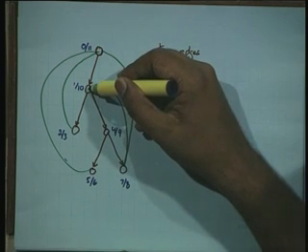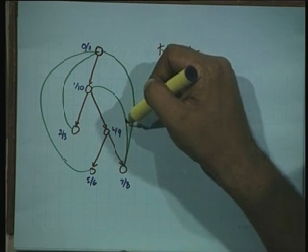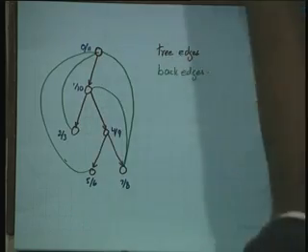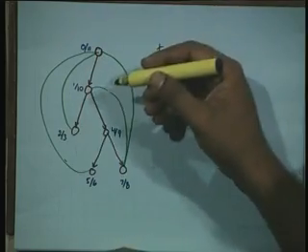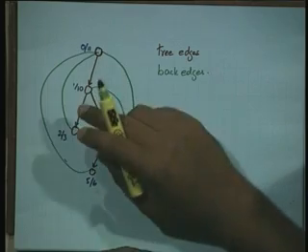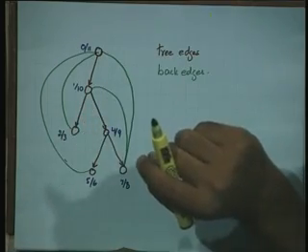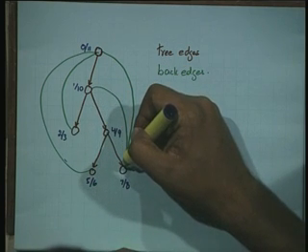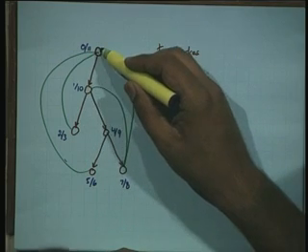Well, I could now look at this edge again and say, well, this is going ahead to a vertex already visited. So I could potentially have also called it a front edge, but since we first considered it as a back edge, we are going to stick to the term back edge. So we do not consider this, and since all options are exhausted here, I backtrack, I come here.